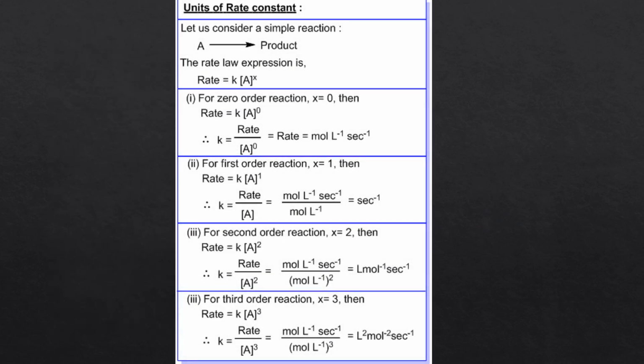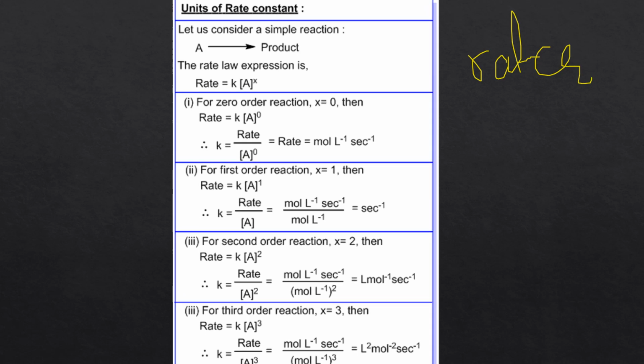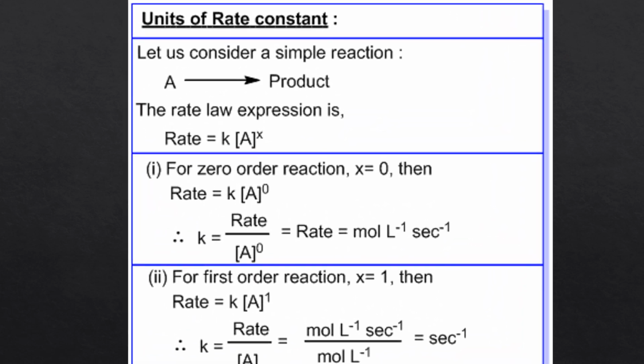Basically, here is a proper chart for the rate constant or order. So let's have a look at this. According to this, the standard form for the order is rate equal to k[A]^x. That means for the zero order, the power would be 0, and we know that anything to the power 0 is 1.